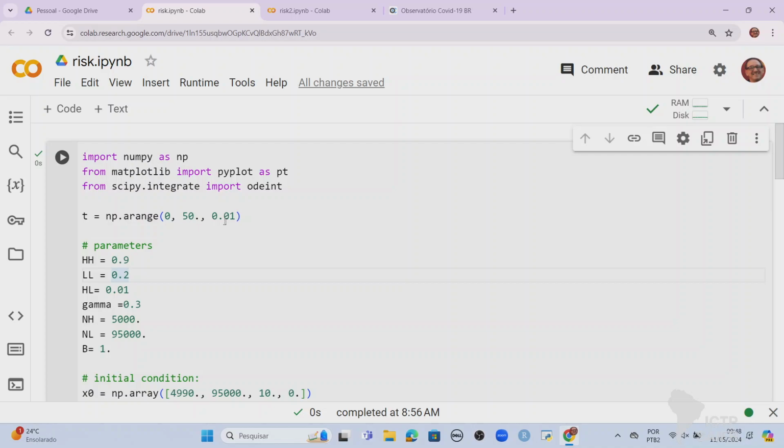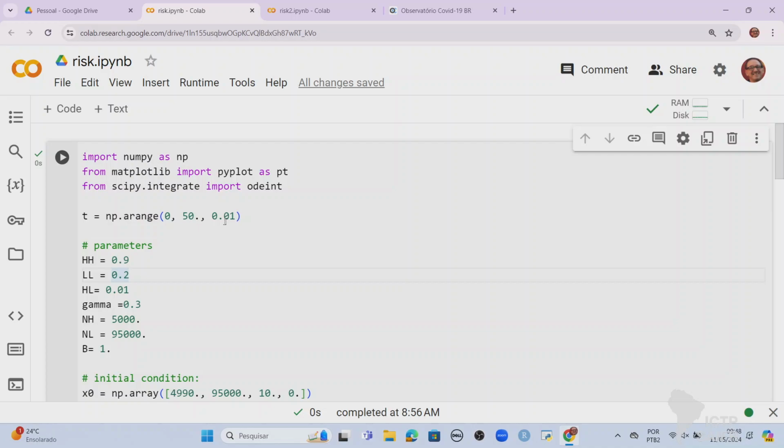So then I have to put some number for the total population. I'm supposing that the total population is 100,000 people, and I have a fraction of 5% which are high risk people, and 95% that are low risk people.